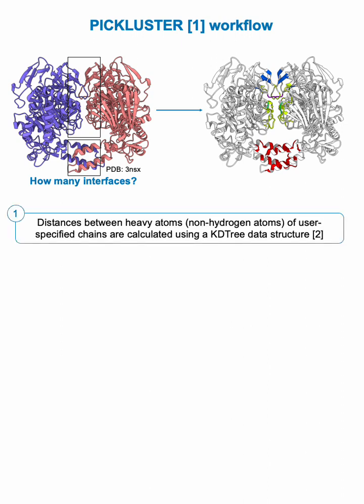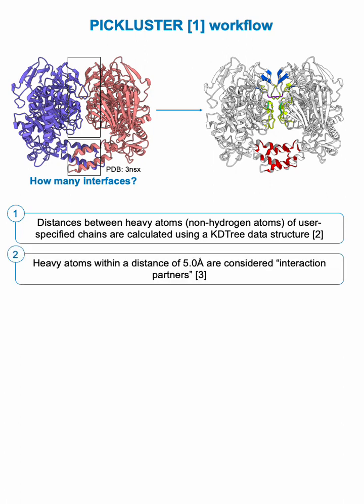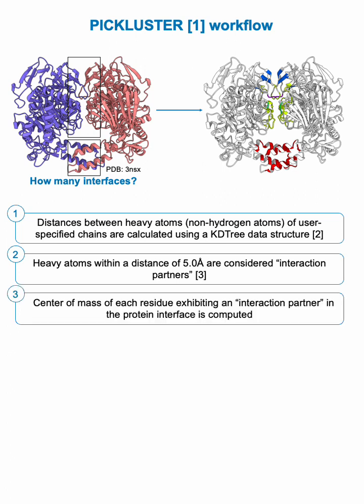PICKLUSTER starts with calculating the distance between heavy atoms, which means non-hydrogen atoms, of user-specified chains using a KD tree data structure. Heavy atoms within a distance of 5 angstrom are considered interaction partners. The center of mass of each residue exhibiting an interaction partner in the protein interface is computed in a third step.